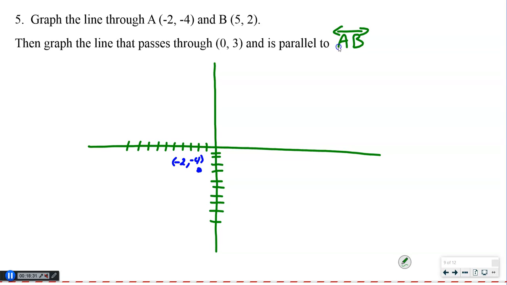Then we also have a point at 5, 2. And our point would be right about there.